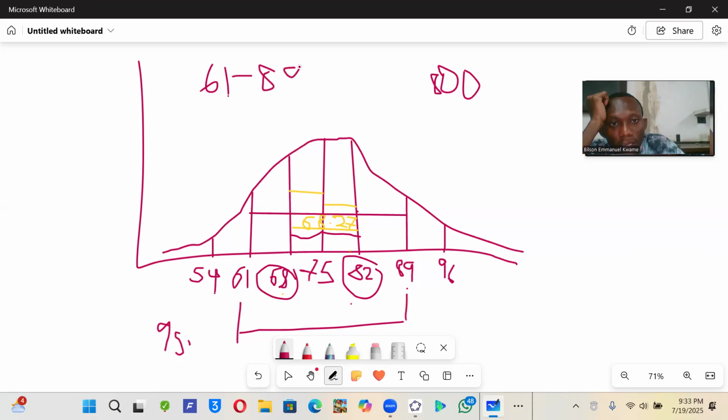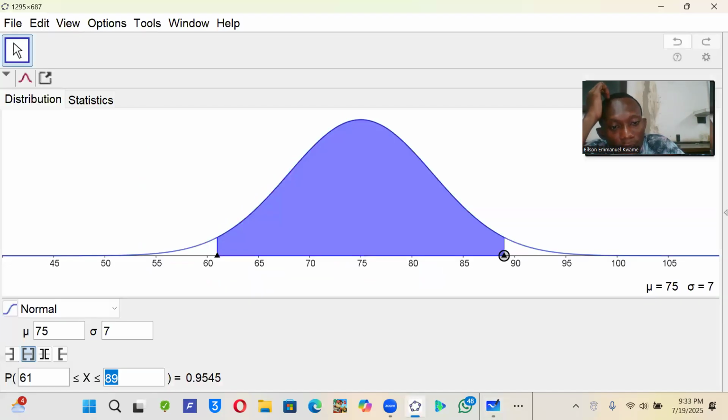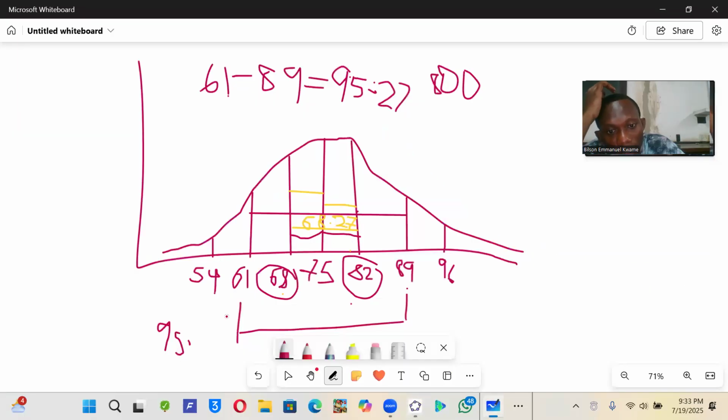We got to know that the percentage of students that got this score from 61 to 89, the percentage is 95.27. If I'm right, let me check it again. The percentage, sorry, 0.45.